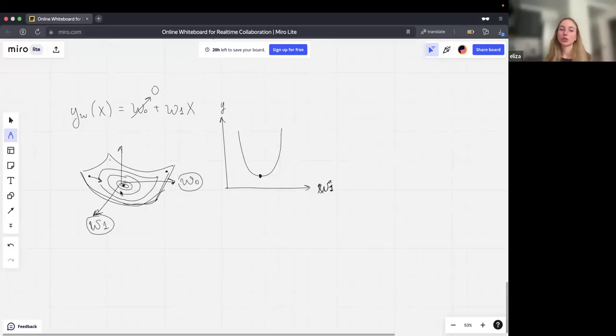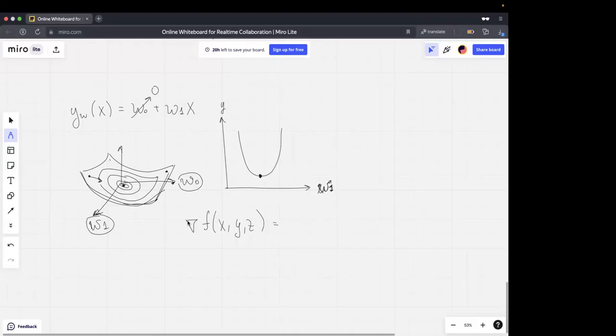Tell me, please, what is the gradient vector? What does it show for us? When you have some function, for example, f(x, y, z), what is the gradient vector for this function? It's the vector of partial derivatives of f with respect to x, y, and z.